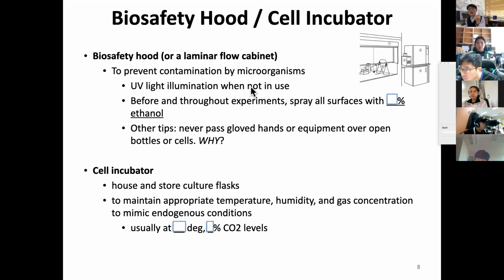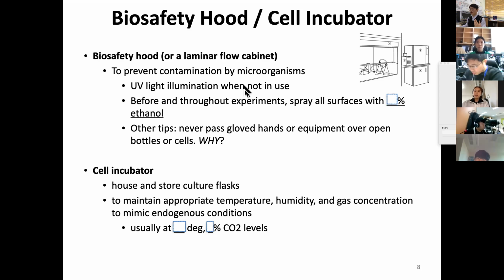Why? UV light has a shorter wavelength and higher photon energy. It can damage the DNA of these microorganisms. If we shine UV light onto our skin all the time, we are likely to get skin lesions, even skin cancer, right? So UV will destroy these microorganisms or prevent them from growing.